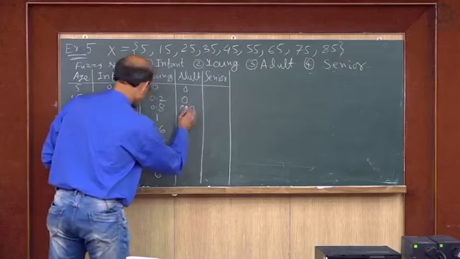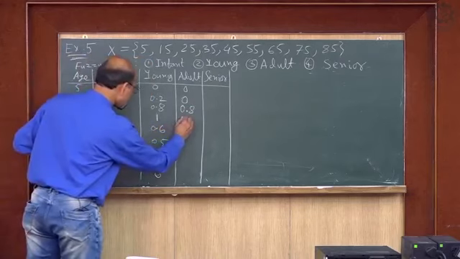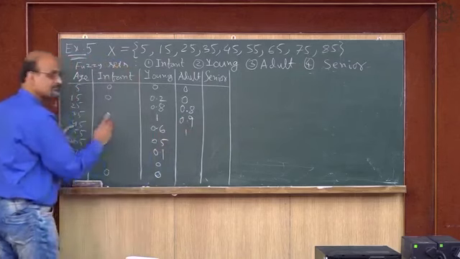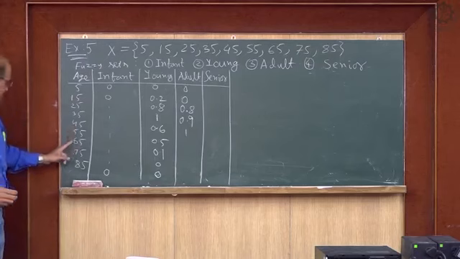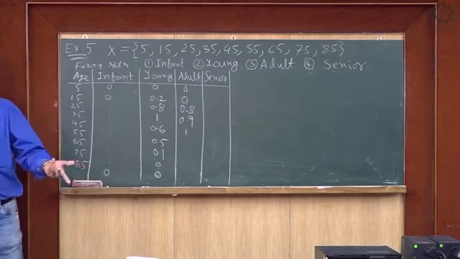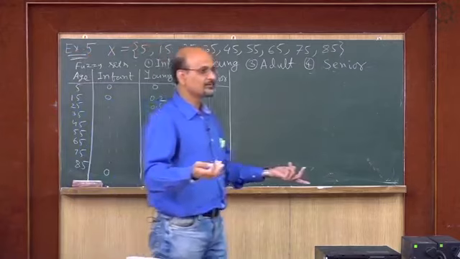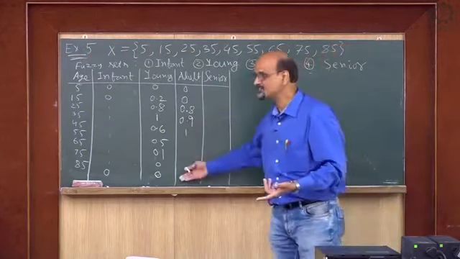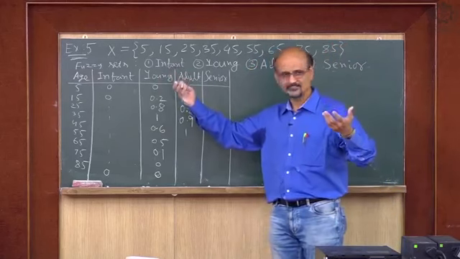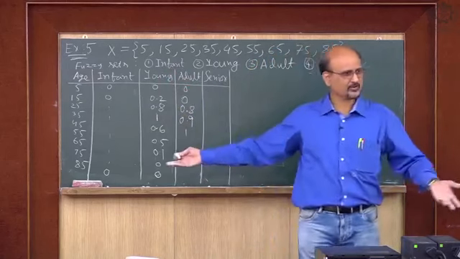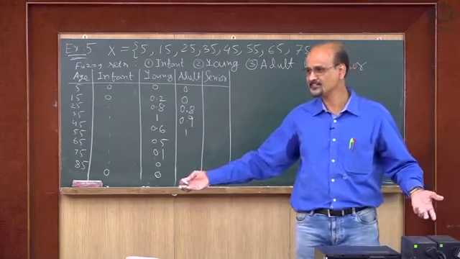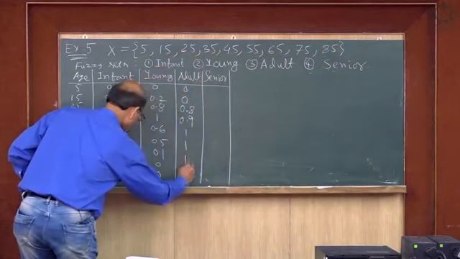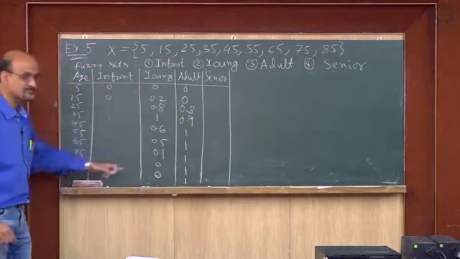Let us take 0.8. 35 is 0.9, and then 1 for 45. Then 55, 65 are all 1. Even 85 can see adult movies, so all should be 1: 1, 1, 1, 1.